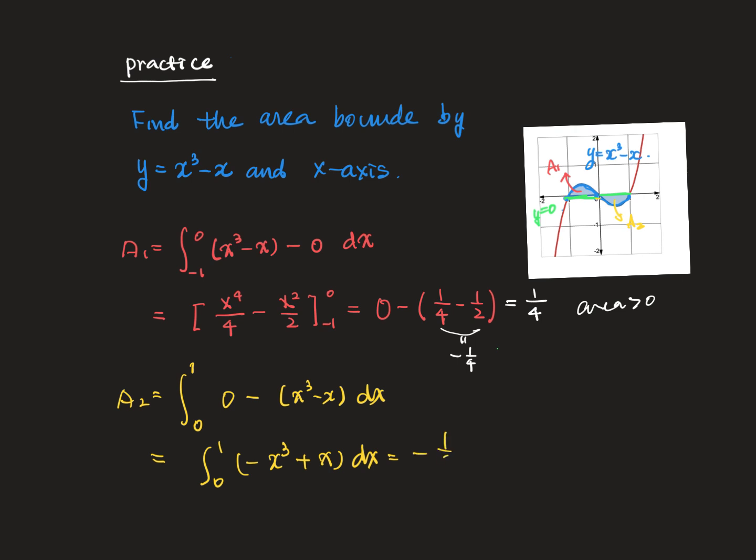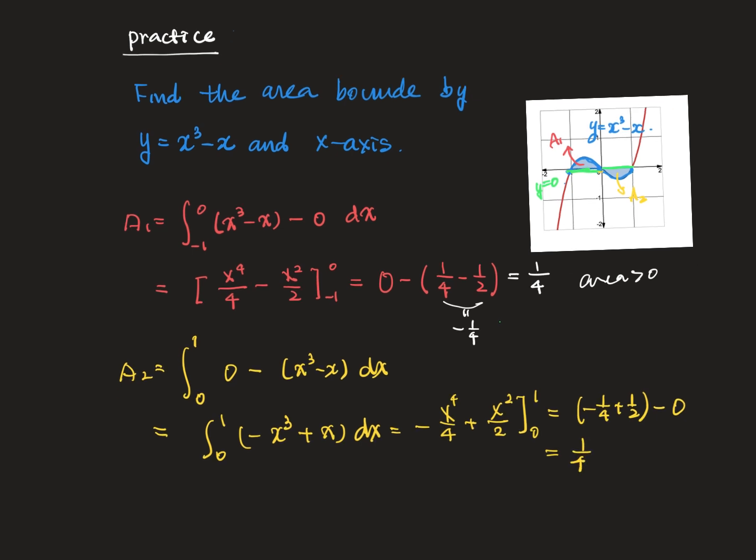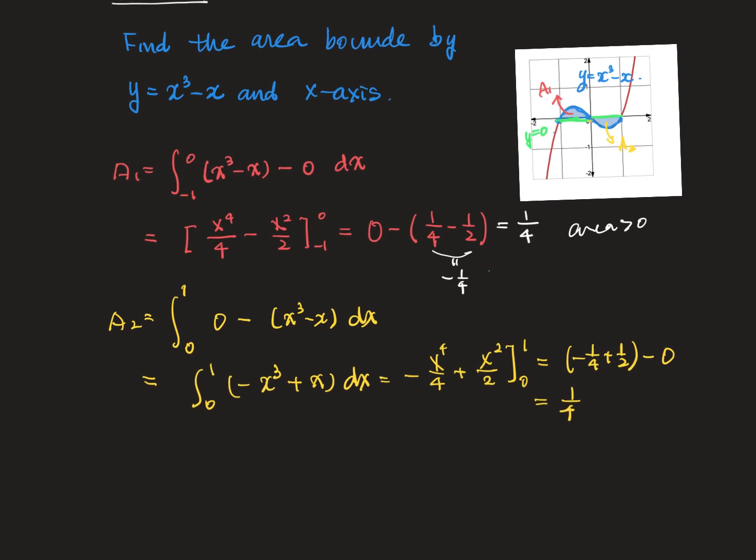That's negative 1 over 4 x to the fourth plus x squared over 2, from 0 to 1. When you plug in 1, negative 1 fourth plus 1 half, and plug in 0 is 0 minus 0. That's 1 over 4. So A2 is 1 over 4, and A1 is 1 over 4.